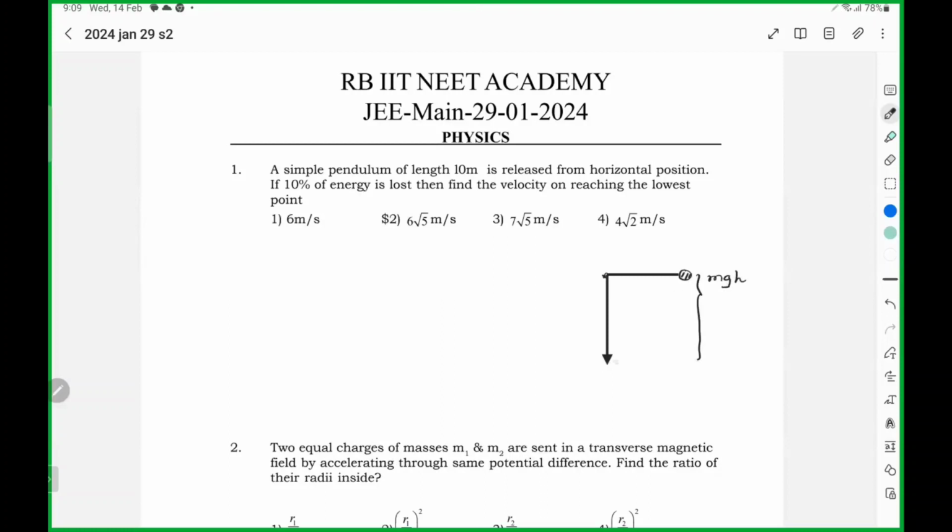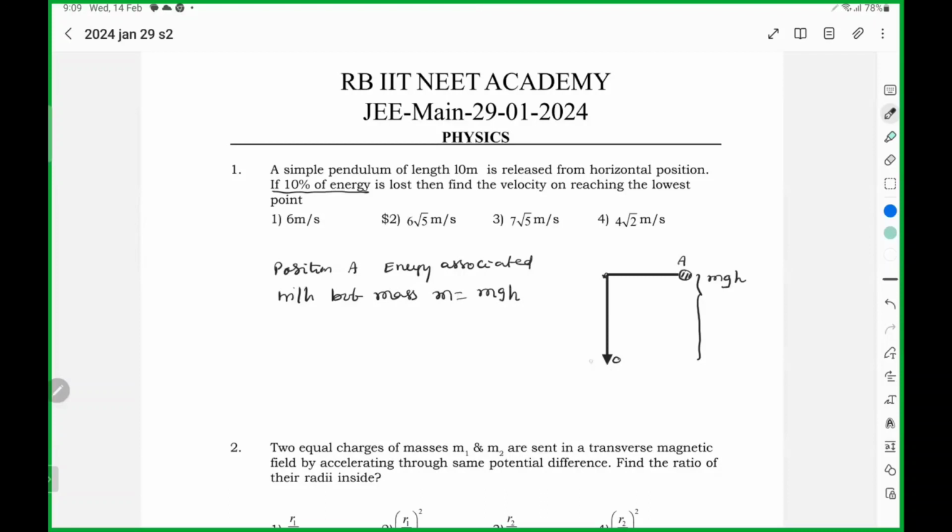When it reaches this, in general, loss of energy is equal to gain of kinetic energy. But in the given problem, 10% of energy is lost. When it is at position A, energy associated with the bob of mass m is mgh.